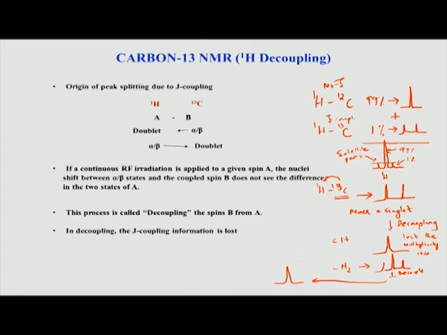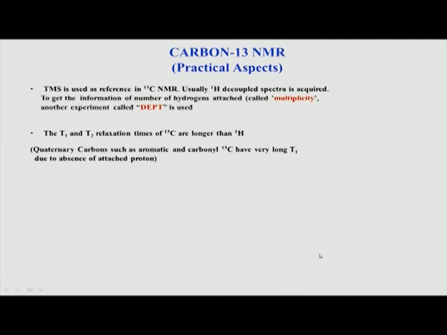So, in this manner if I do decoupling, for every carbon I keep losing the information of its multiplicity, but I will definitely get a much cleaner spectrum, which is a singlet. We will see how the multiplicity aspects can be recovered by some other techniques, and we will see some examples of how decoupling improves the spectral resolution in the next class.